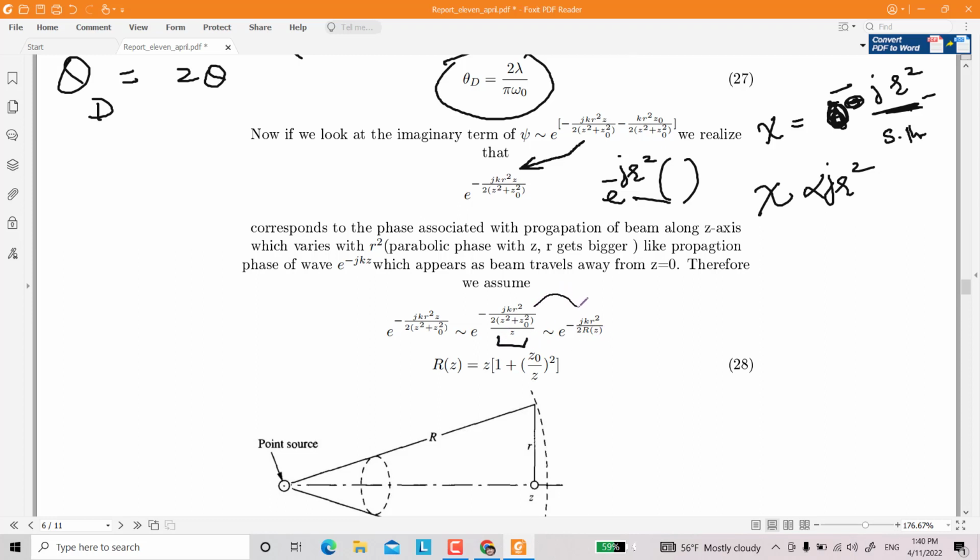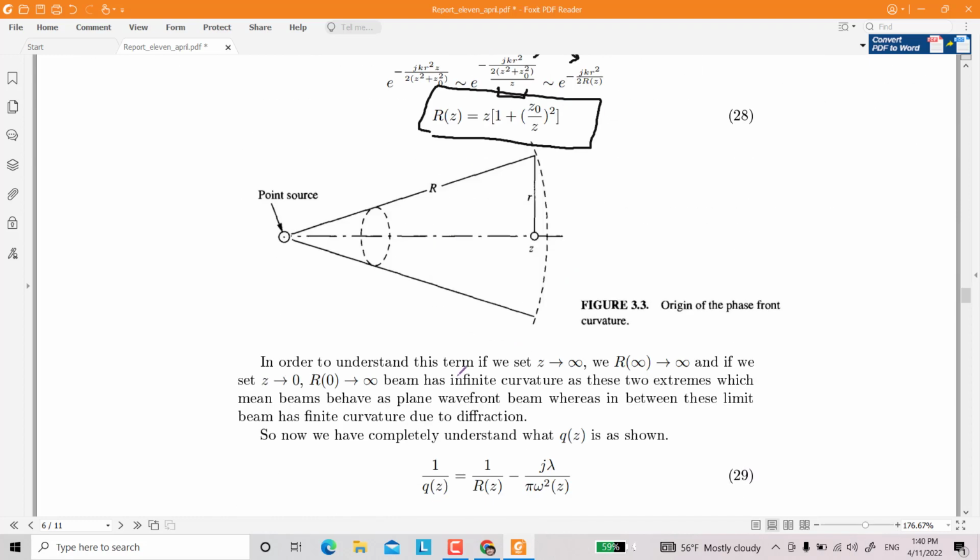Then this term simplifies to be in this form: e to the power minus j k r square divided by 2 R of z. So now that R of z is defined in this way, the next question is what this R is, right? So we should try some approximation or some assumptions here to understand what this really is.